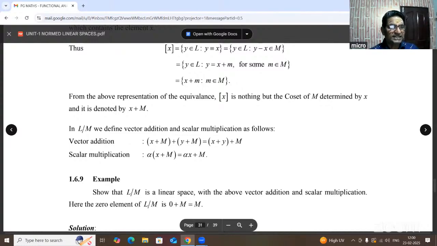The set of all cosets is a vector space or linear space, subject to the normal linear space conditions. So how to form the quotient space, tomorrow, meaning next class, we will explain from this part.